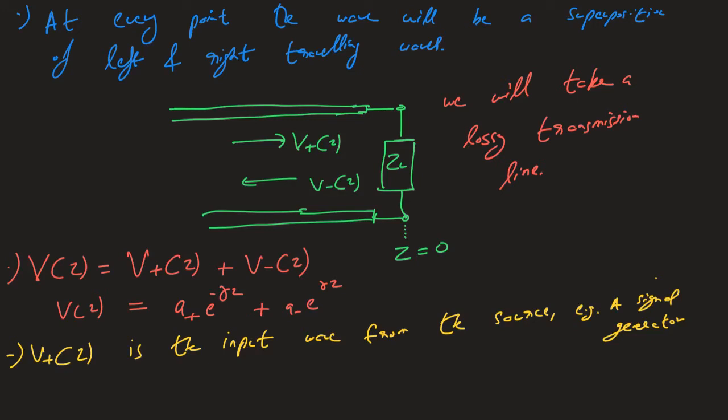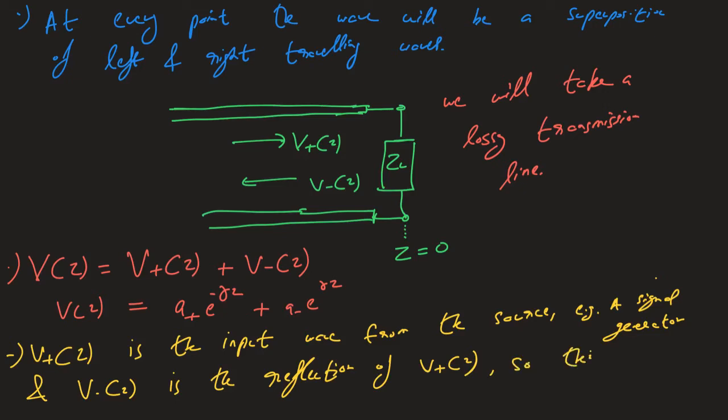So v plus of z is the input wave from a source, and v minus of z is the reflection of v plus of z.